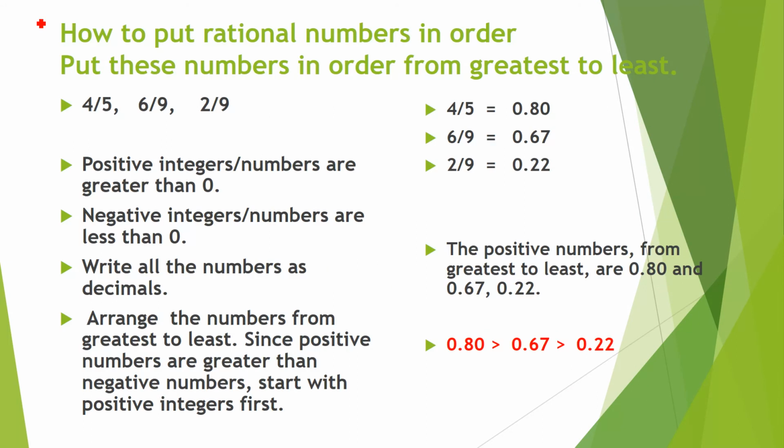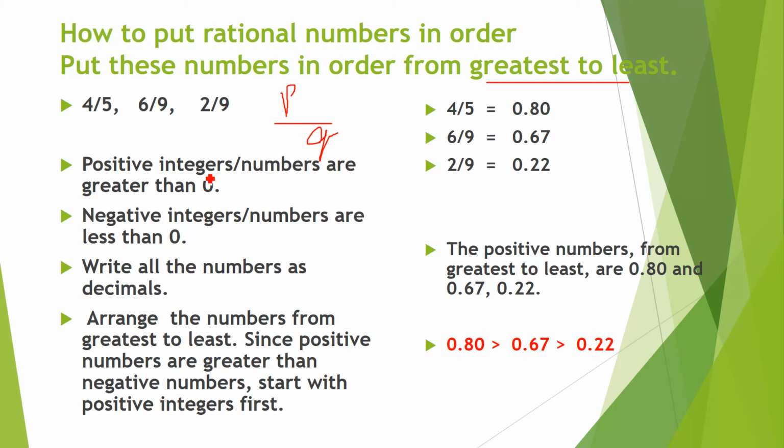Now we will solve some questions in order to understand the concept. The question is how to put rational numbers in order. Put these numbers in order from greatest to least. So these are the rational numbers. P over Q, and I told you that P and Q can be any integer, plus minus 1, 2, 3, and so on.